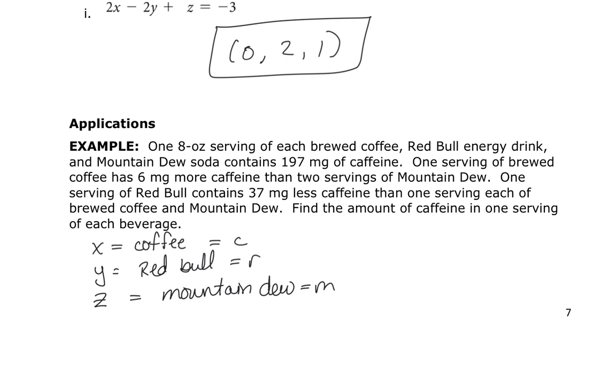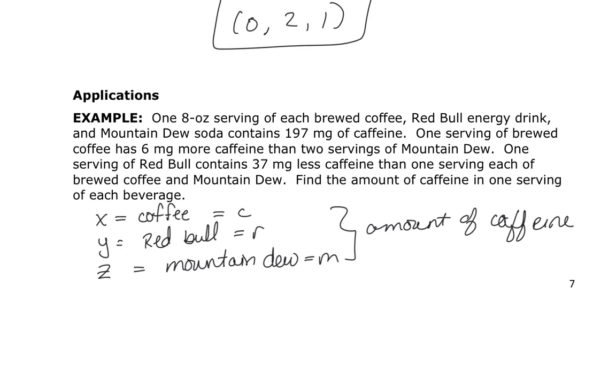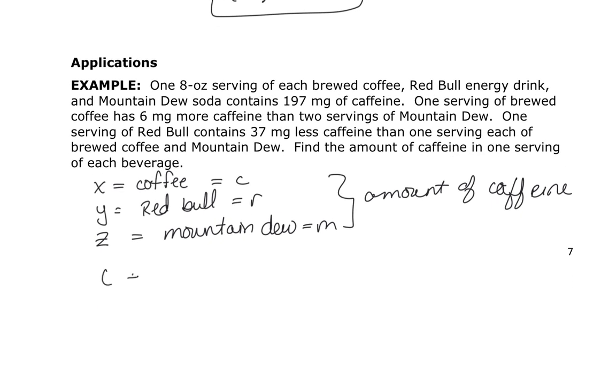So we know that this x, y, z or C, R, M represents the amount of caffeine. Okay. So we have C plus R plus M is equal to 197 milligrams.